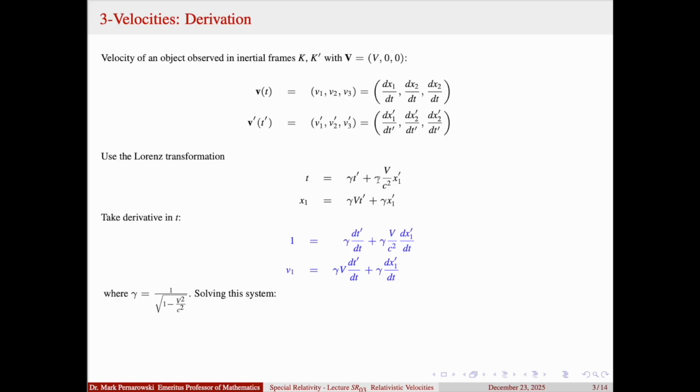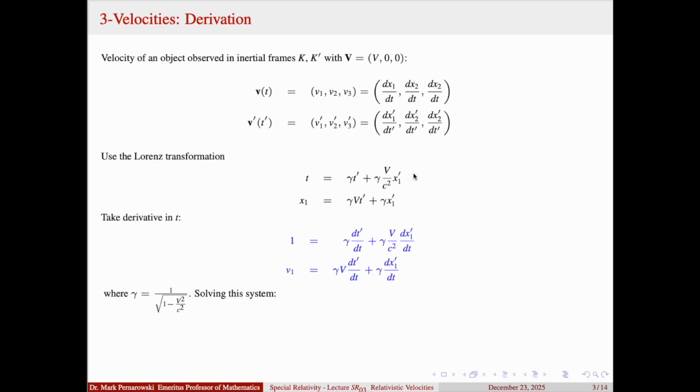And for that, we start here in the middle of the page. We start with the component form of the Lorentz transformation. We've seen this already, and this is the way that you convert from prime coordinates to non-prime coordinates. These two expressions are always true.